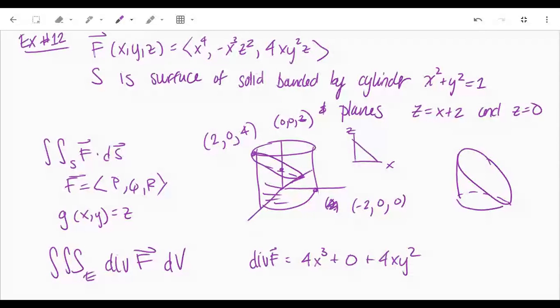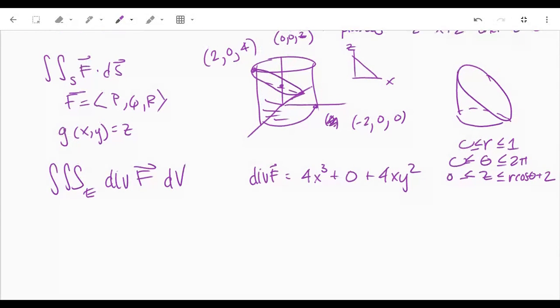Okay, and then this volume, again, we're definitely going to use cylindrical coordinates, right? R is between 0 and 1. Theta is between 0 and 2 pi. And z is between 0 and x plus 2, or r cosine theta plus 2. So before we get too far here, let's go ahead and convert that divergence to polar.